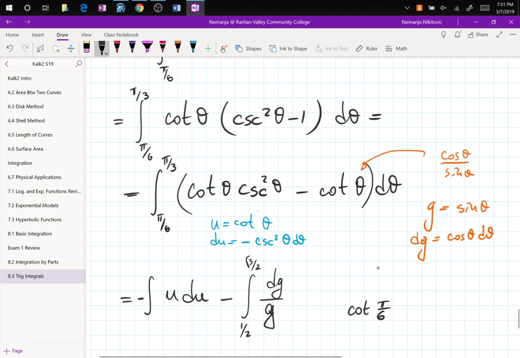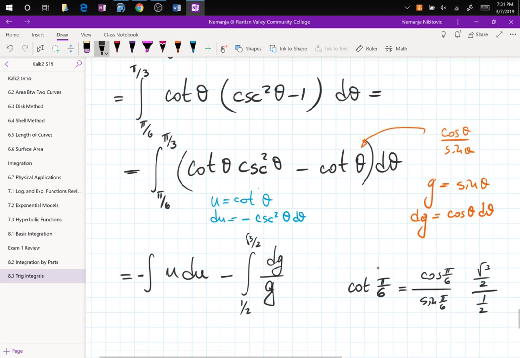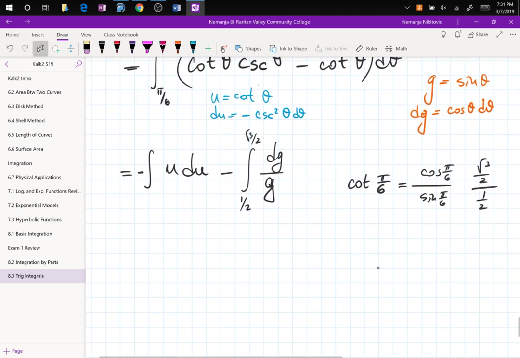Well, that's cosine of pi over 6 divided by sine of pi over 6, which is root 3.